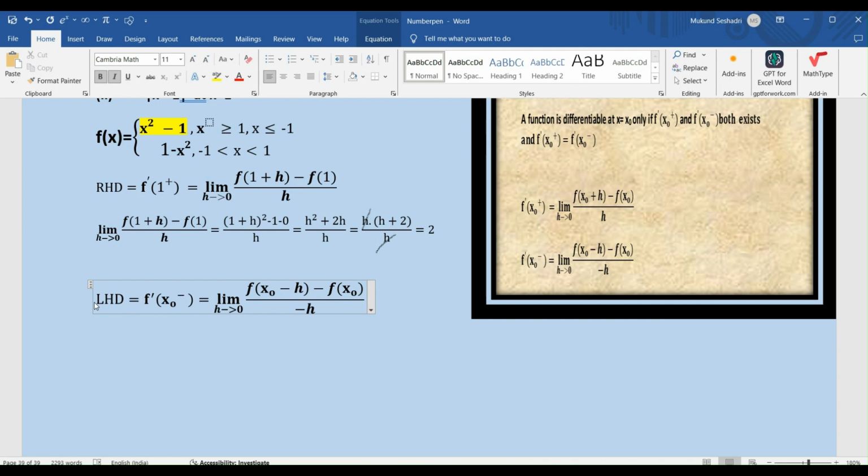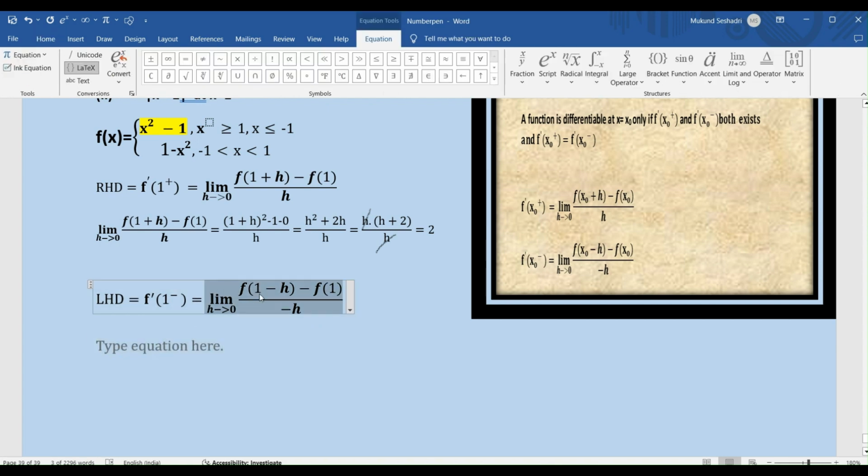My x naught is 1 because we are examining the differentiability of the function at x equals 1. So let me substitute my x naught with 1, and let's move to the next line.